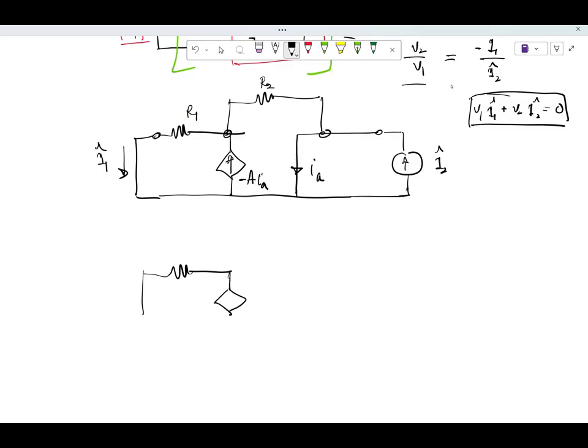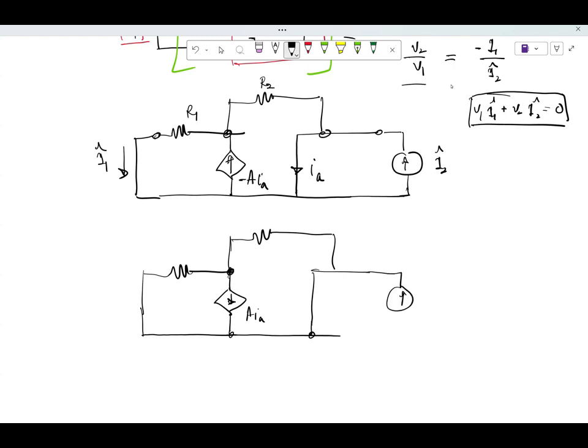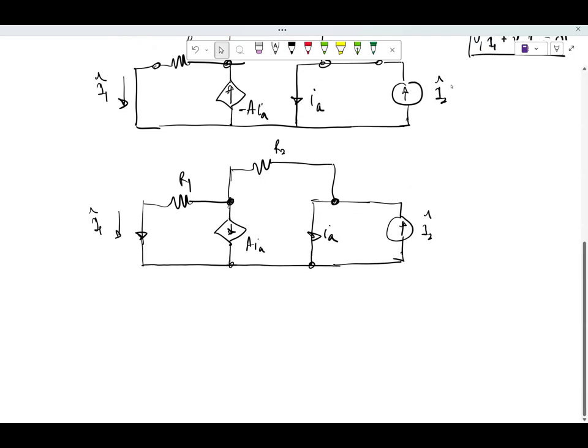Now in the second step, I can say this goes down. This is A IA. We have I2 hat, IA, R1, R2. I'm interested in this I1 hat, right? Okay.